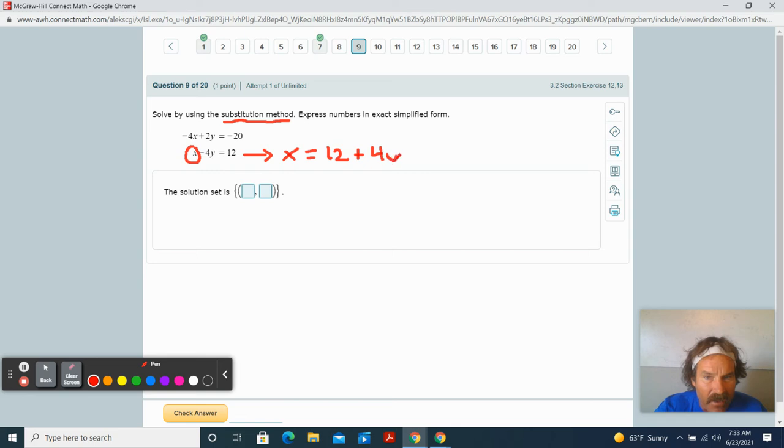And now I have a variable solved for. And now I can plug in 12 plus 4y for this x right here. Just make sure you use parentheses because you have to distribute the negative 4. Okay, and I'm not going to solve that one, but that's the beginning of that problem.